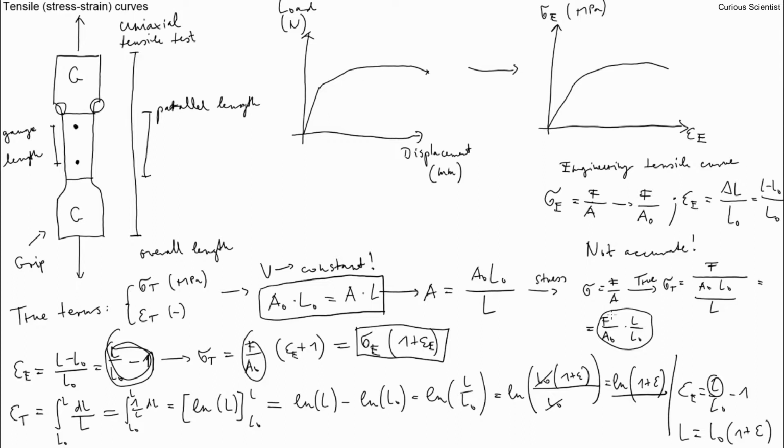So I think we will continue from here on the next slide, and I will show you how to use these numbers in real life. So let's continue from here.